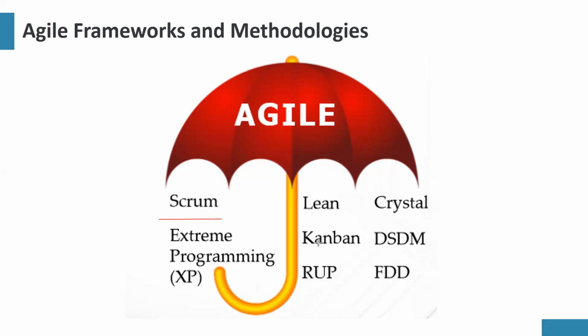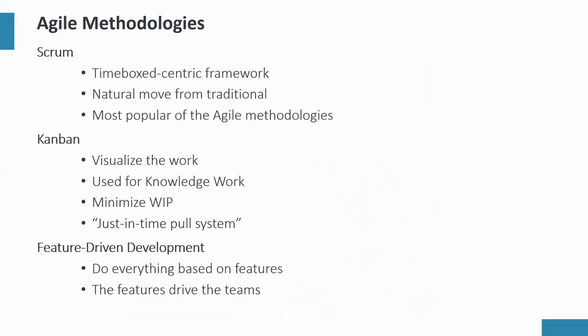The only thing that changes are the flavors. So Scrum, Crystal, Lean, they're similar in the four core values and 12 principles, but they are slightly different in practice. So, like I said, we're going to focus on Scrum.